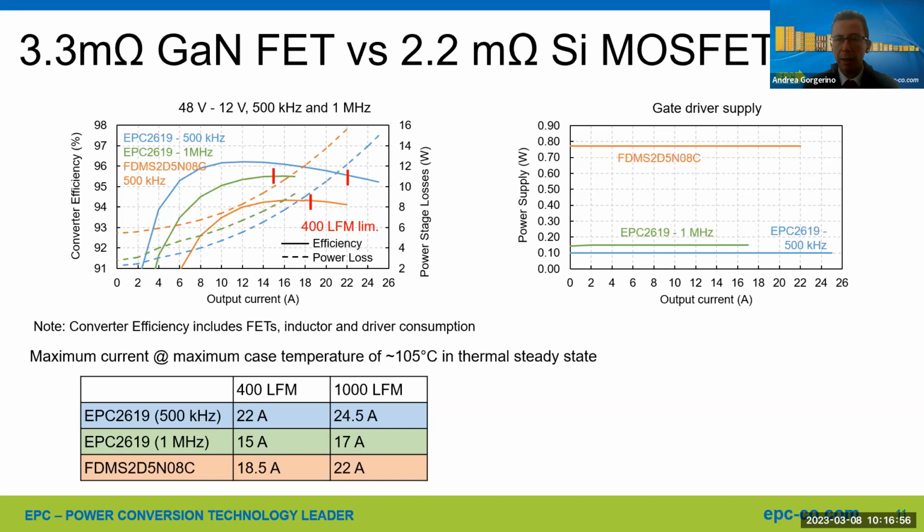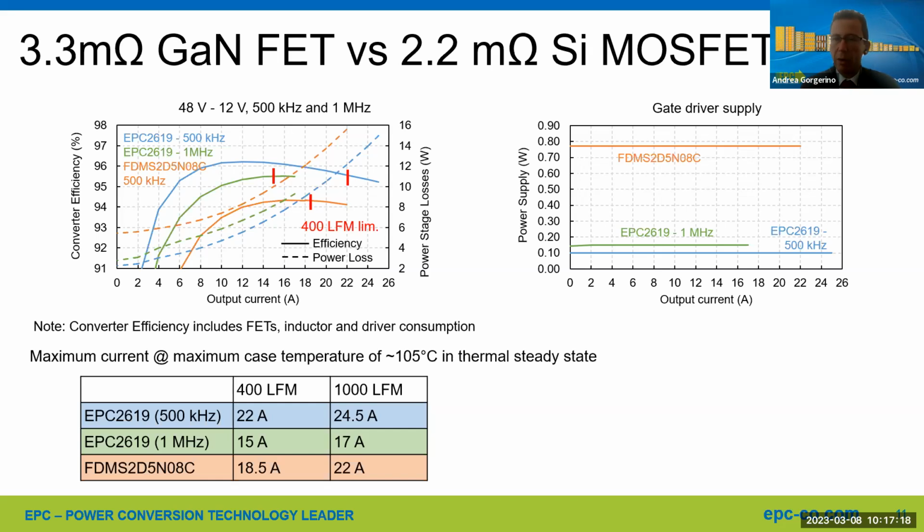By the way, on the right-hand side of this slide, you have the gate driver supply, which was not included in the power stage efficiency, because the gate charge of these devices, if you remember, is so small that the driver losses are also very, very small. And the driver losses, of course, need to come from a power supply. This is the measurement for the auxiliary power supply that we're using.